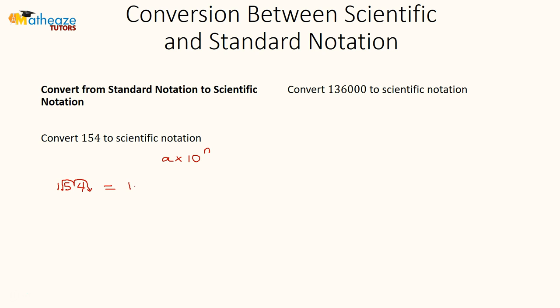So this is 1.54 times 10 to the power of 2. So take note, we first figure out where the decimal place is right now, and then we look for how to create our a, which is this number that must be between 1 and 10.